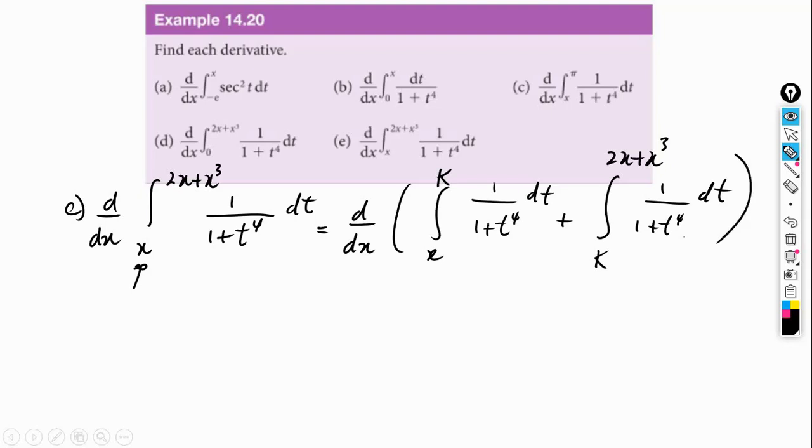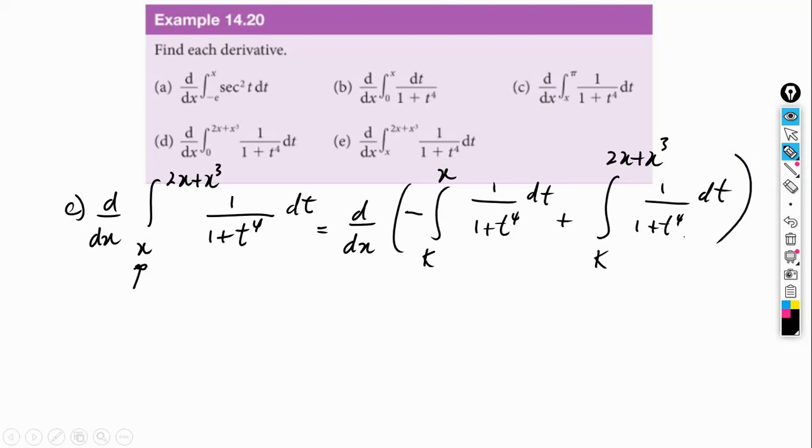So notice that we almost have the circumstances that we require in order to be able to solve this derivative. The only thing is that the upper bound here is a constant and the lower bound is x, but we can switch that by putting a negative sign in front of this. So if we put a negative sign in front of that, we can switch x and k. And with that, we're ready to apply the first fundamental theorem of integral calculus.